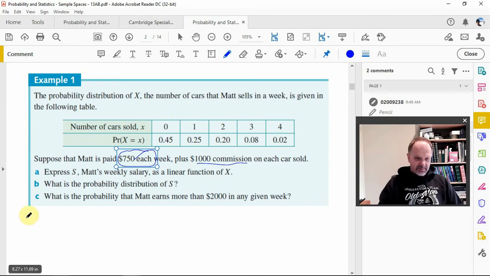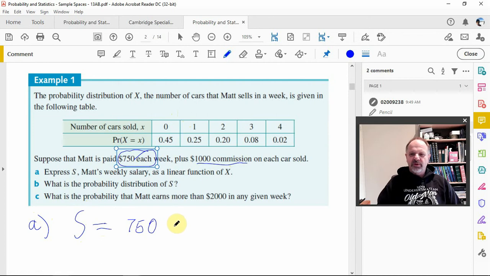All right, so Matt's salary. So his salary, what does he get for his salary? Think about what I've just said there. He gets $750. Sometimes they call that a retainer. So $750 plus, plus what? Plus how many thousand for each car.